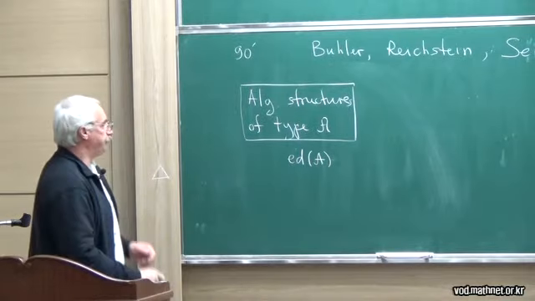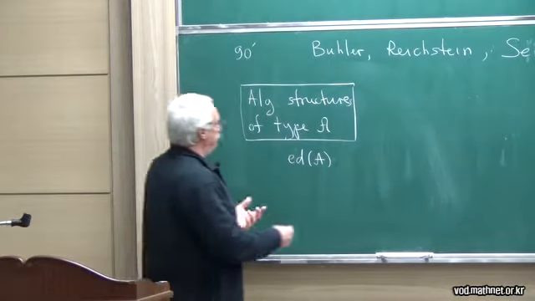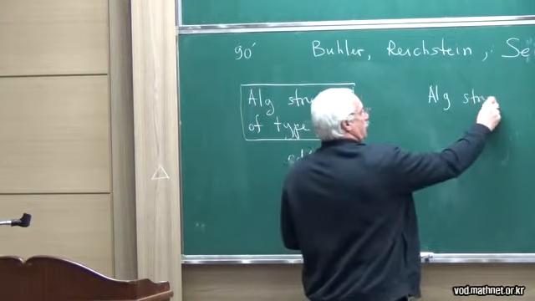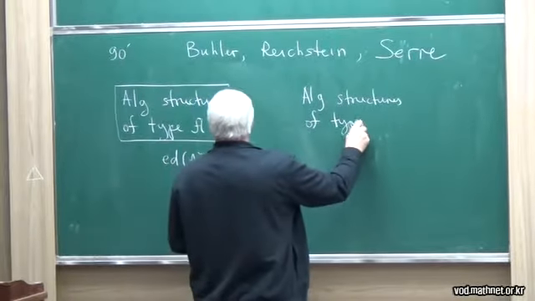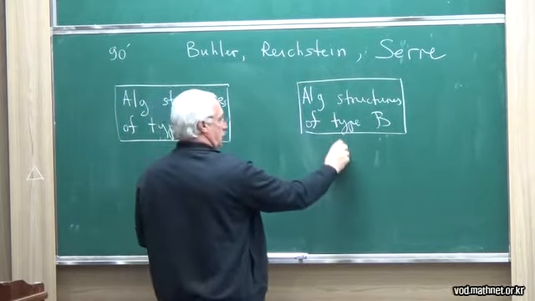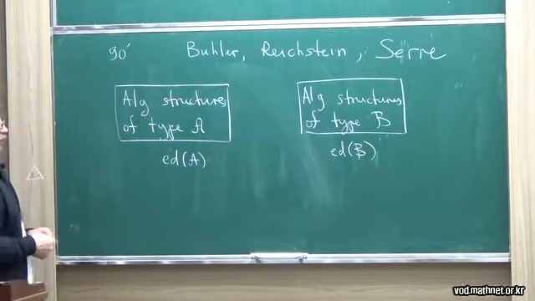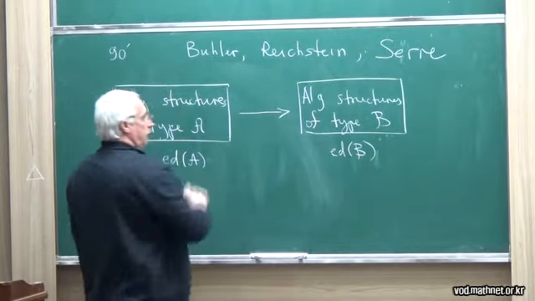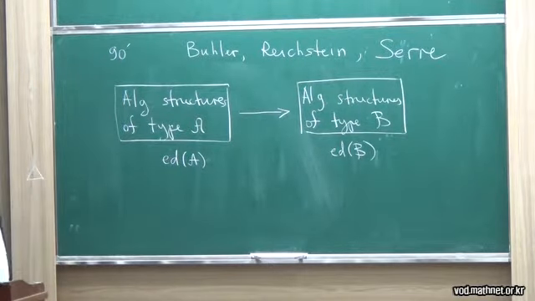Just a non-negative integer. So how can we use this integer? Suppose we have some other structure, say an algebraic structure of type B. So we can define another integer, the essential dimension of B, and then we assume that these structures are related by a map from structure A to structure B. And the property we would like to have for the essential dimension is the following.